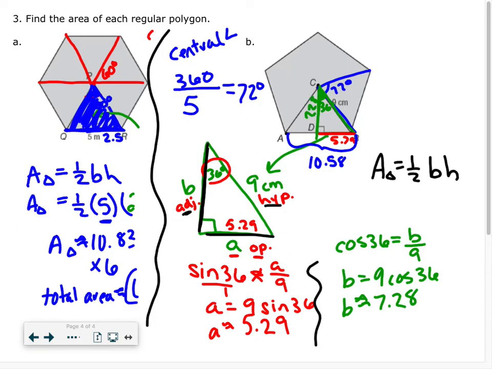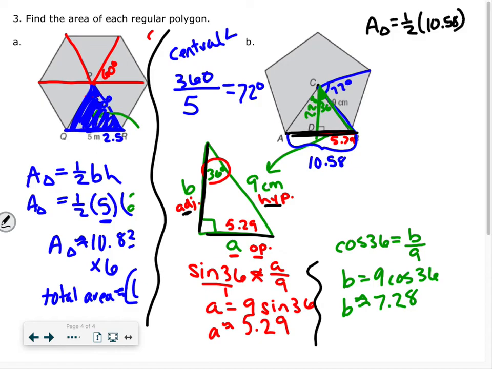Now we should have all the necessary information to find the area of a triangle. So, 1/2 times the base of the triangle, which is this entire length, that 10.58, times the height, which was 7.28. Multiply that all together.